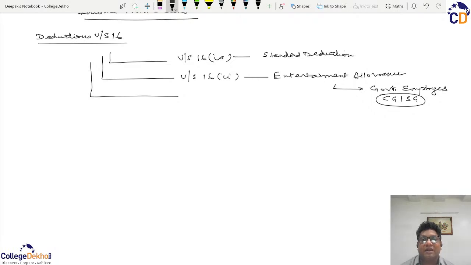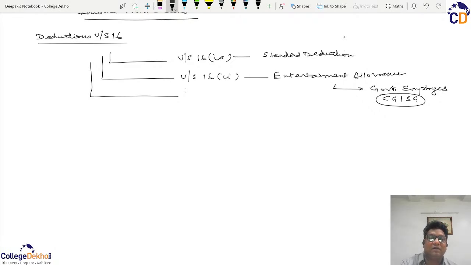But if the entertainment allowance is received by a central or state government employee, then you add the whole amount of entertainment allowance received in the gross salary. Thereafter, after the gross salary is calculated, you make a deduction as per section 16(2) on account of entertainment allowance, but that too only for these two special employees and no one else.